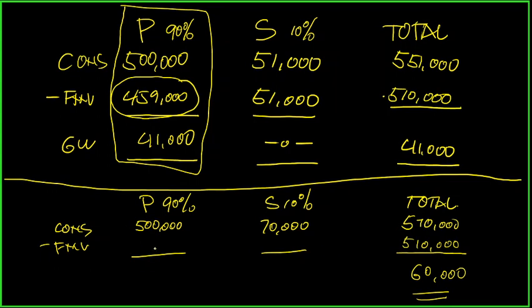I-check na natin. What is 90% of 510? It's 459. And the fair market value, this one will be 51. So in this case, you now have a goodwill amounting to 41,000. And this one will now be 19,000.